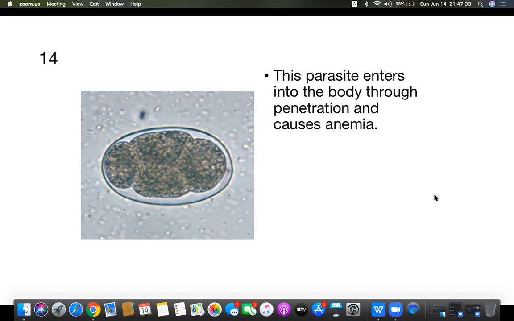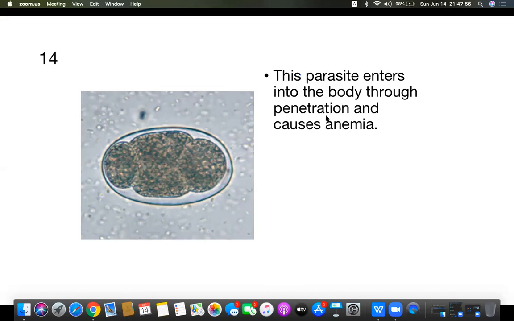Then it sucks the blood. Okay, some of the points you have told are correct. Okay, the diagnosis is absolutely correct. This is hookworm. This is the egg of hookworm, and there are two types of hookworm: Ancylostoma duodenale and Necator americanus.